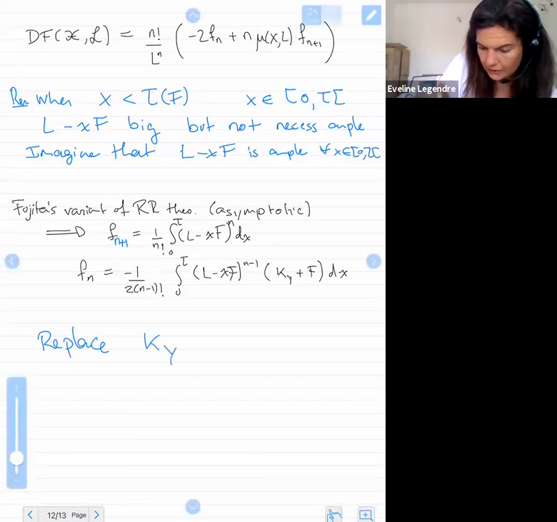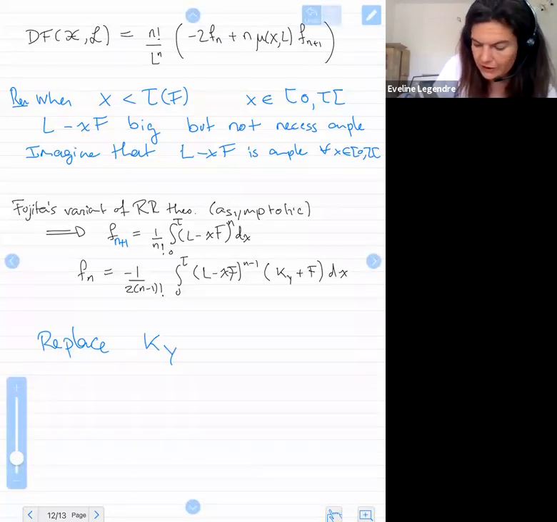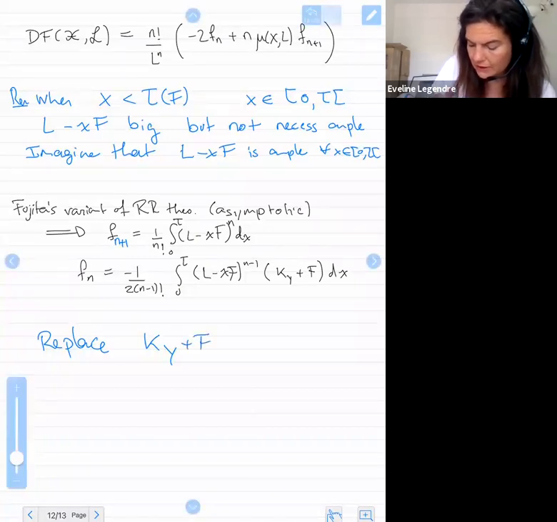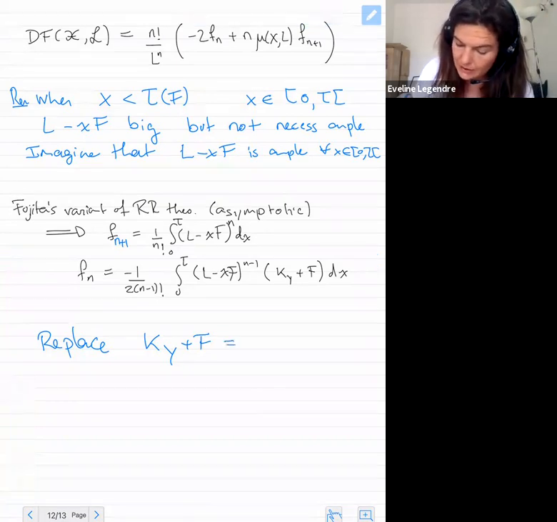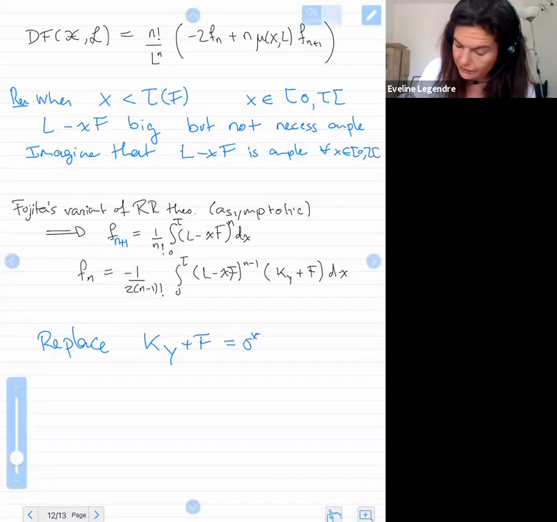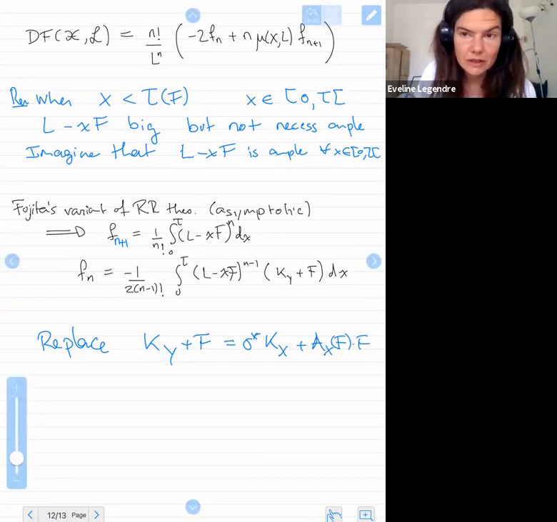In the setting we have a divisorial valuation, we have a Y, which is a normal variety birational to X, and then we can replace the canonical divisor of Y plus F, as a pullback of K_X plus the log discrepancy of F in X times F. This is the definition of the log discrepancy.